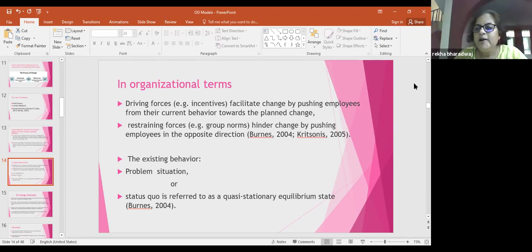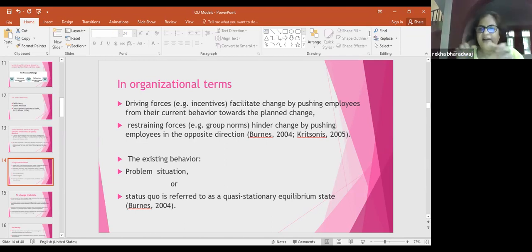And in order for us to bring about a change, the forces which resist the change need to be lowered, and the forces which accept the change need to be increased. Is it okay? I think this is pretty much simple enough to understand. This is the field theory.